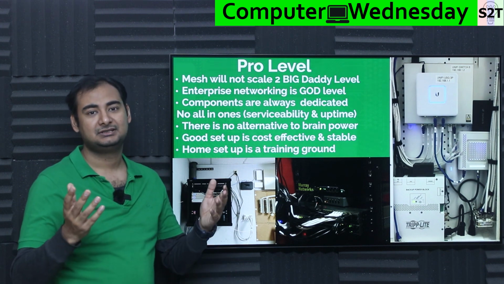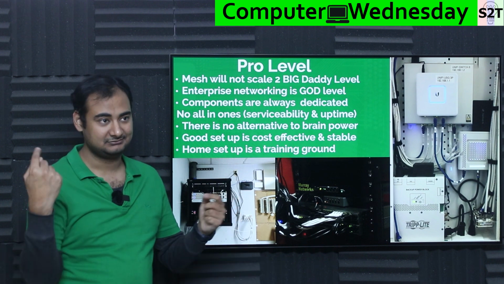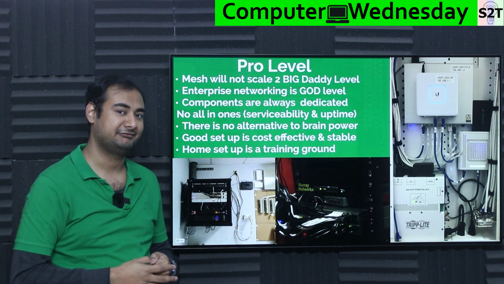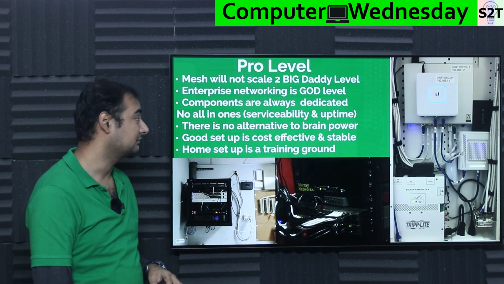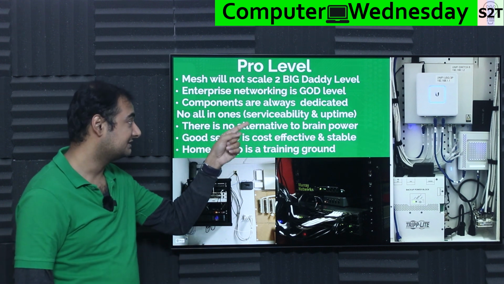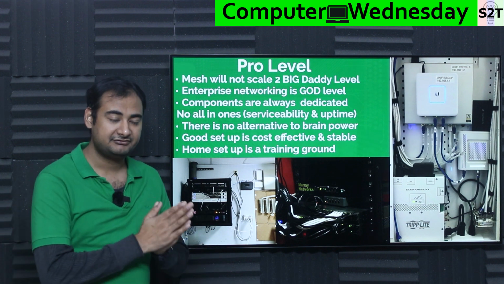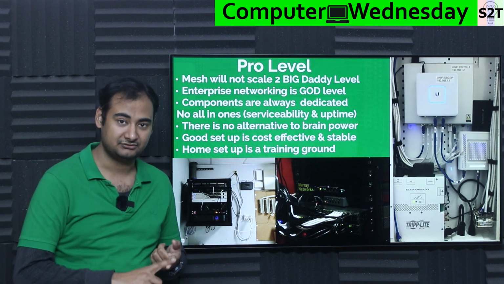And like, how do you think the Pentagon gets their Wi-Fi? How do you think the Apple saucer gets that Wi-Fi? All those things take a lot of money. So enterprise level networking is a whole different thing. And components are always dedicated. Other than the modem, everything else would be their own, meaning they will figure out which router to use.